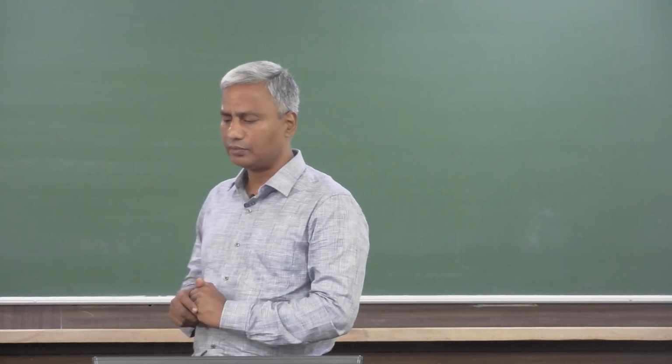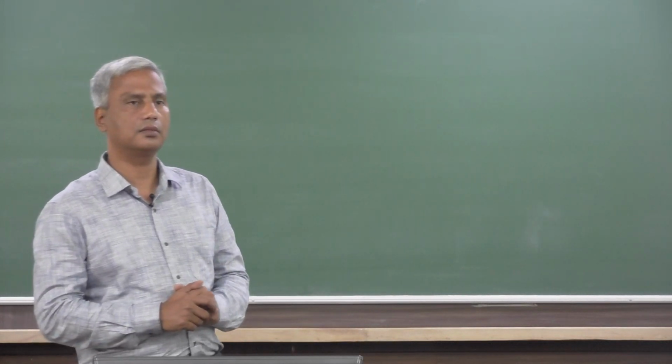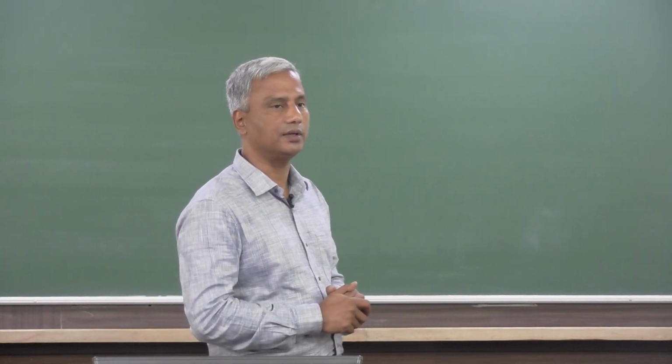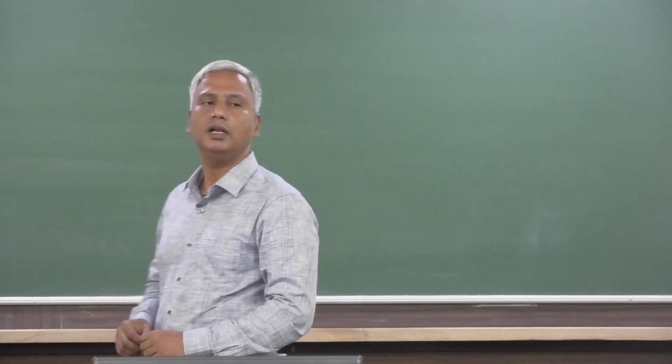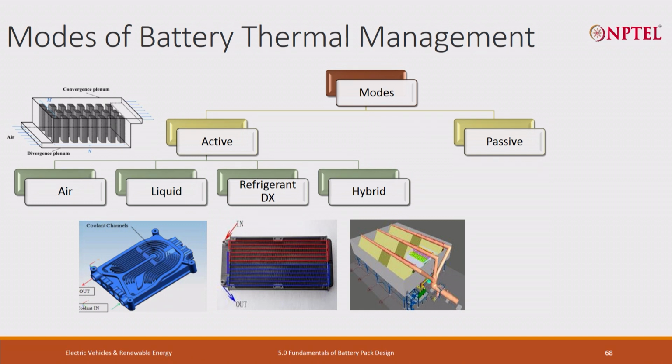Now, the second important active thermal management system is the liquid cooling system, widely used in IC engine vehicles for engine thermal management. The efficiency is much higher than the air cooling system, but again you cannot bring down the temperature below ambient.